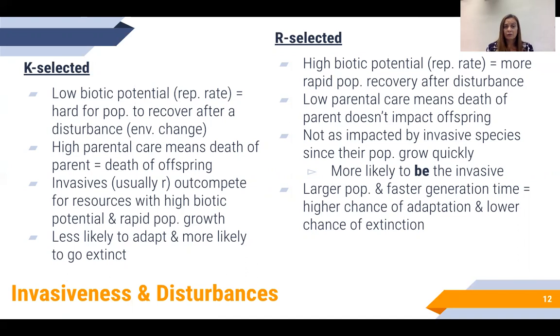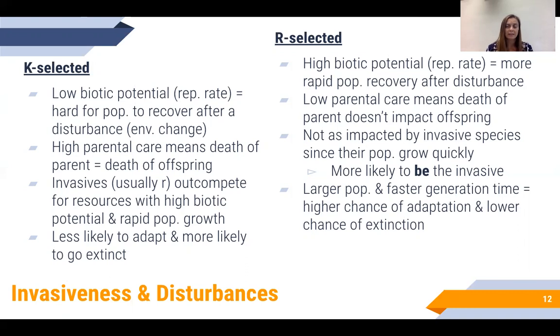Since their population grows quickly and competes effectively for resources, they are not as impacted by invasive species and in fact are very likely to be the invasive species. Because they have this large population and a faster generational time, shorter span between generations, then they are likely to be able to adapt and not become extinct.